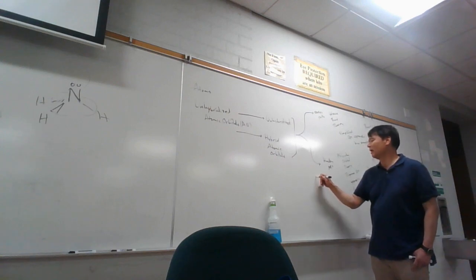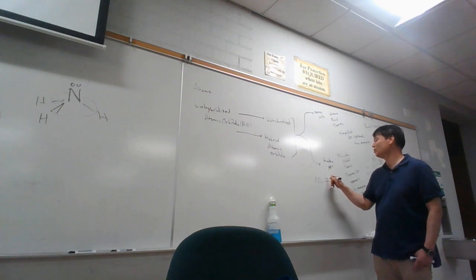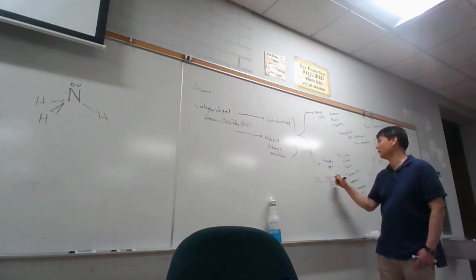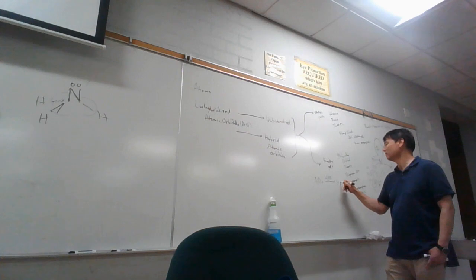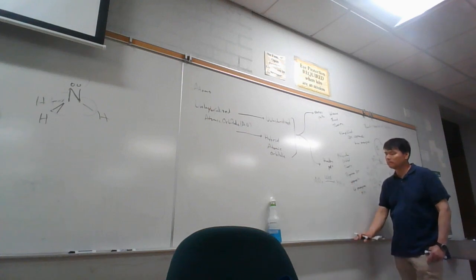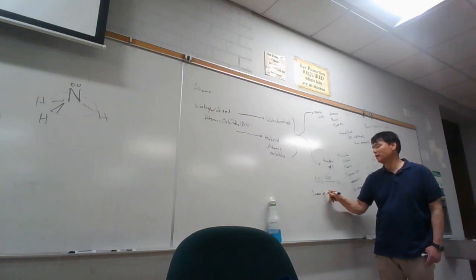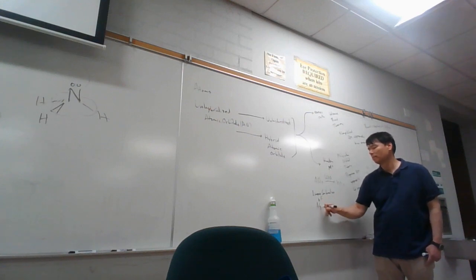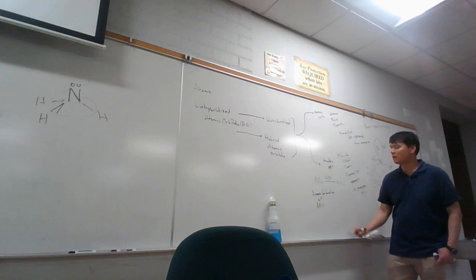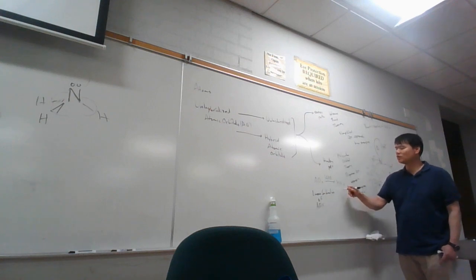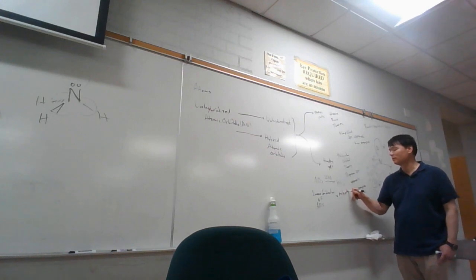We're going to take our AOs, and then we do something in quantum mechanics called an LCAO to get our MOs. LCAO stands for linear combination of atomic orbitals. When we do a linear combination of atomic orbitals, this is in quantum mechanics, we generate these things. These things that are generated are molecular orbitals.